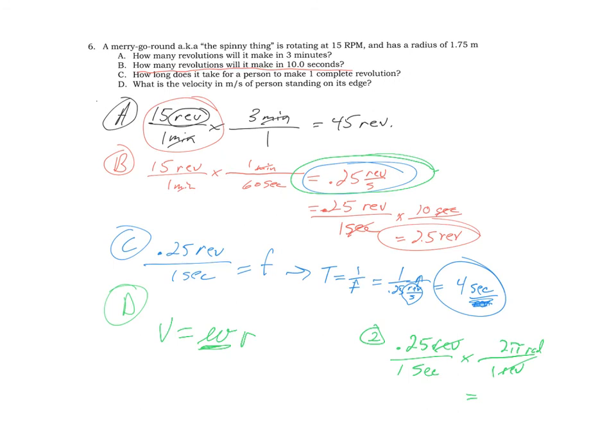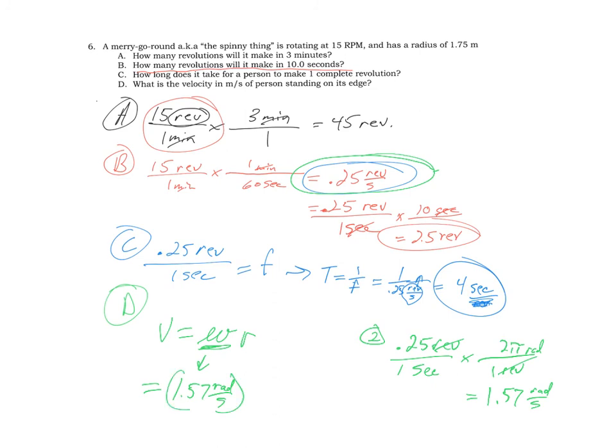So 0.25 multiplied by 2 multiplied by pi, I get 1.57 radians per second. So that's 1.57 radians per second.